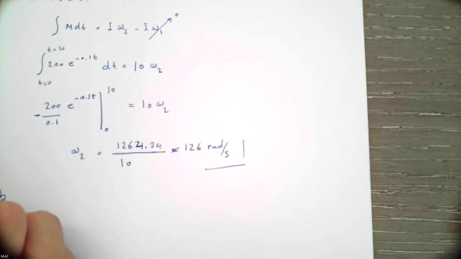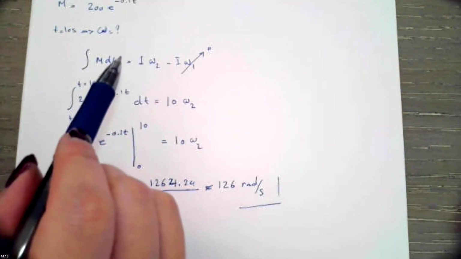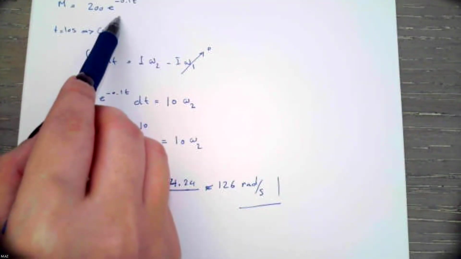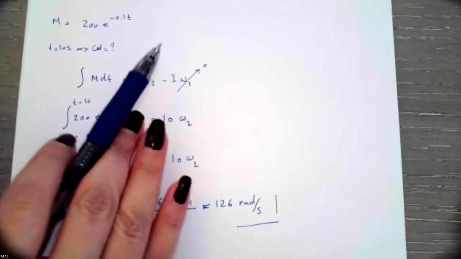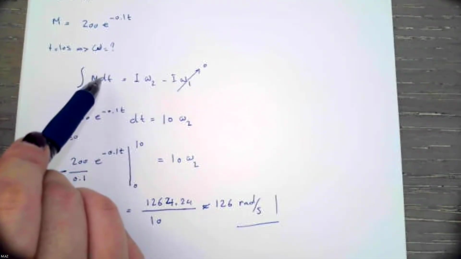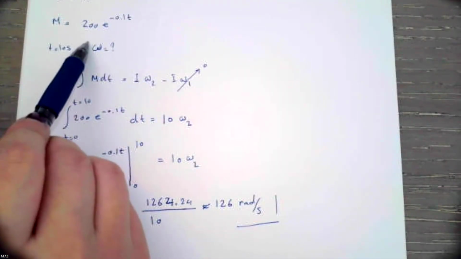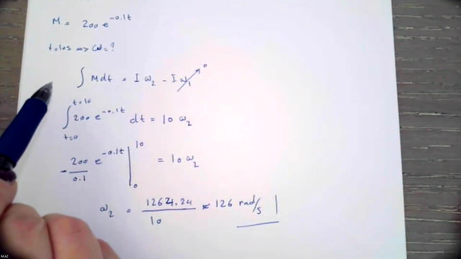For part B, we should find the maximum angular velocity. Once we look at the angular impulse function, it shows that the angular velocity of the flywheel is increasing because this function is a monotone function of time.